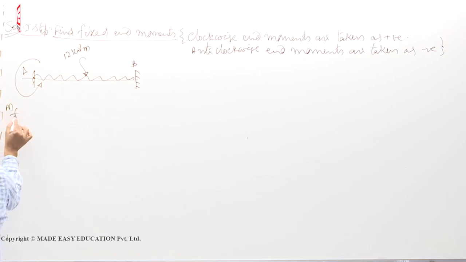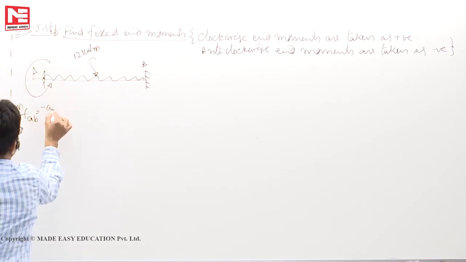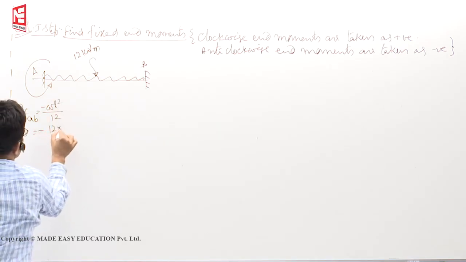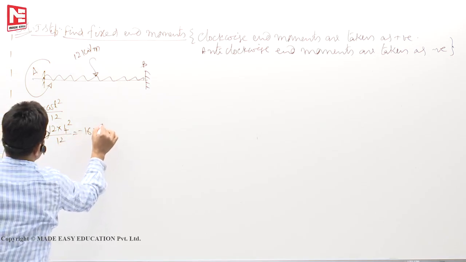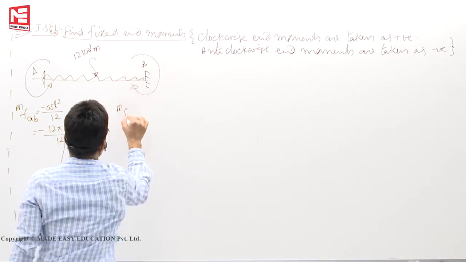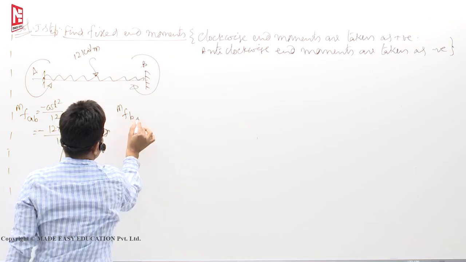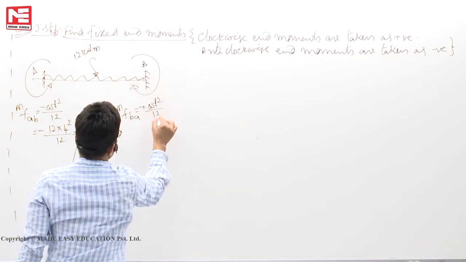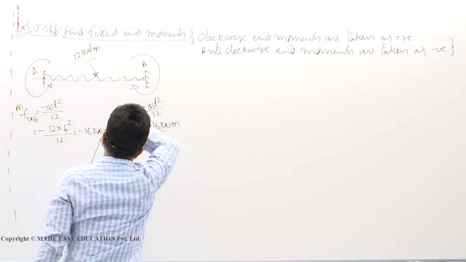MFAB, fixed end moment at A for the span AB, is anti-clockwise, so minus WL square by 12. W means 12, L means 4, so you will get minus 16 kilonewton meter. MFBA, fixed end moment at B for the span BA, is clockwise, so plus WL square by 12. You will get plus 16 kilonewton meter.